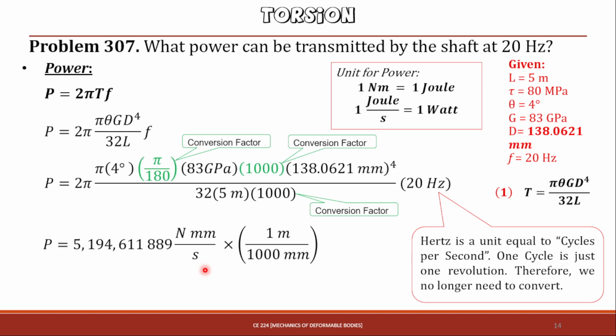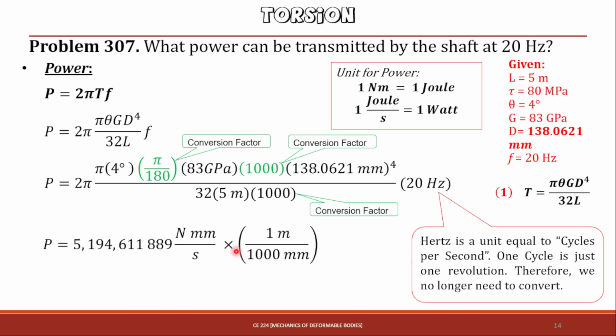So, sa power, ang unit natin for power ay watts. Right? Tapos yung watts natin, it is just equal to 1 joule per second. At yung 1 joule natin ay 1 Newton meter. So, kailangan nating gawing meter si millimeters dito para maging Newton meter per second tayo or joules per second. Okay?